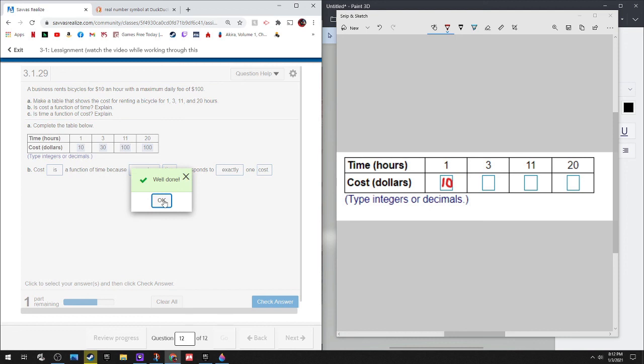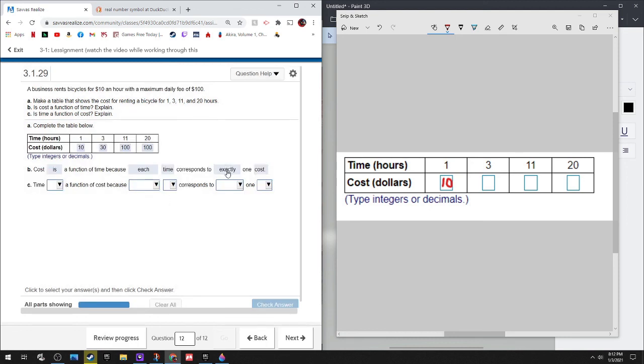You might be confused because there are 2 times when it costs $100. That's not a problem. The problem would be if at 3 hours it costs $30 and then at 3 hours it costs $100. If we ever had a repeat in the time, that would be an issue.